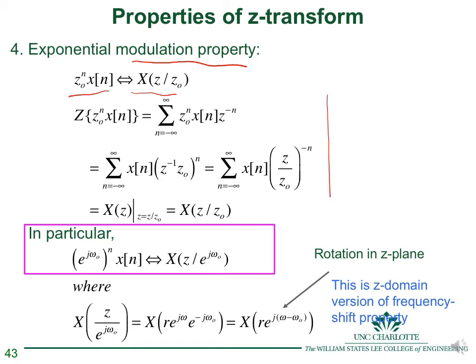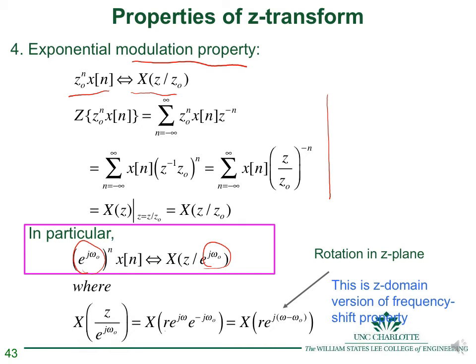The particular case of interest is when that z0 is a complex exponential, e to the j theta or e to the j omega 0, because the angle on the unit circle indicates frequency in the z plane. That would mean that X of z over z0 becomes X of z over e to the j omega 0, which, if I wrote this in polar coordinates, would be r e to the j omega, which is z, times e to the minus j omega 0.